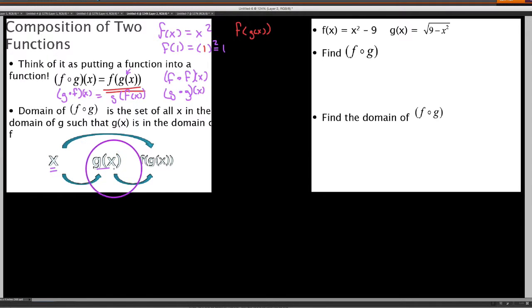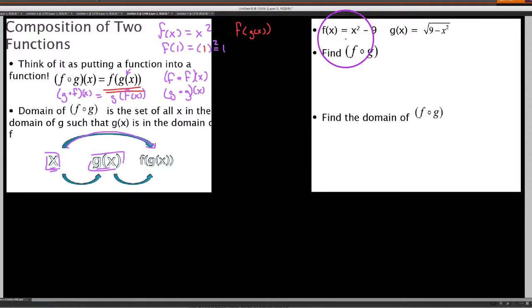We're now taking the outputs of g of x and plugging them into f of x, and we get some new f of g of x. So this composition just takes us straight from x over to f of g of x. But what we're saying about the domain is it's all x values that were in the initial relationship, such that the outputs are also in the domain of f of x. Like I said, I will explain that at the end of this video when we find the domain of this composition.